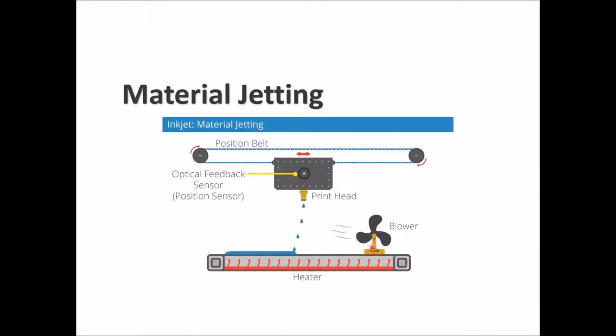Then we have a fan or blower that cools down the deposited material, and the print head, where the material is deposited through the nozzle. We also have an optical feedback sensor, or position sensor. This decides if the nozzle is in the exact location needed to deposit the material in space, so that you can create your final designed product.